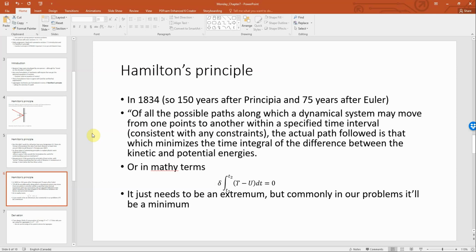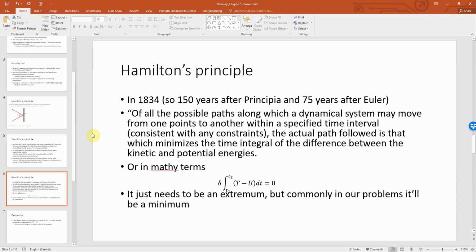Of all the possible paths along which a dynamical system may move from one point to another within a specified time interval, consistent with any constraints, the actual path followed is that which minimizes the time integral of the difference between the kinetic and potential energies. Okay, so that's equivalent to him saying F equals ma in Newton's laws, say for Newton 2.